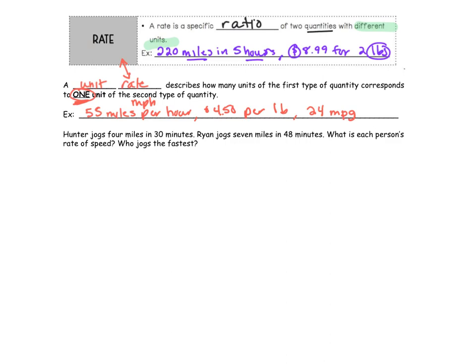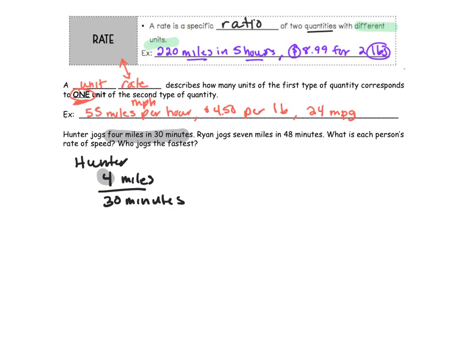We're going to talk about Hunter right now. Hunter's information that's given is 4 miles in 30 minutes. So I'm going to write that as 4 miles over, or compared to, 30 minutes.